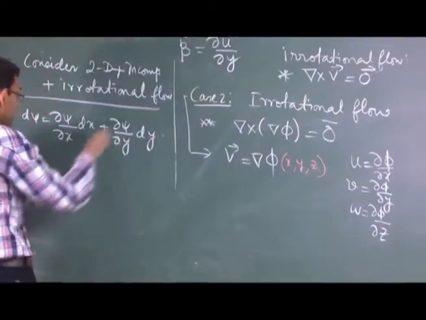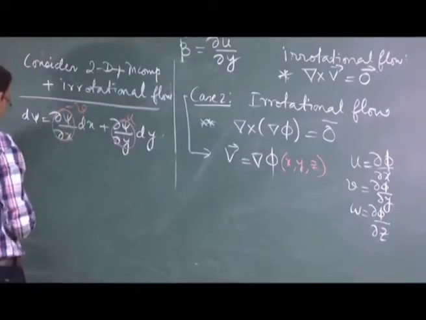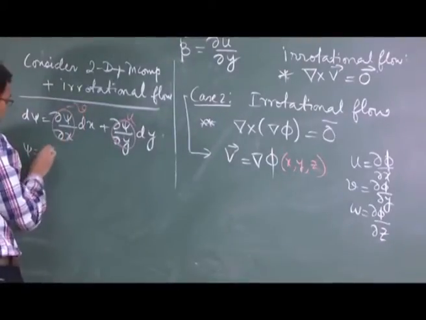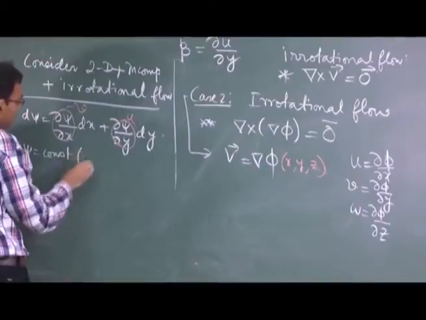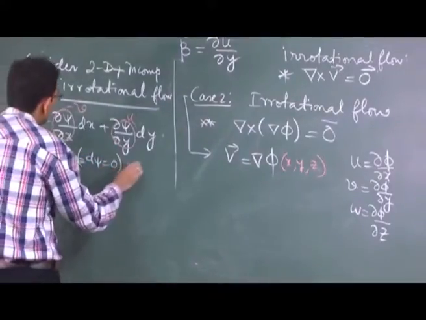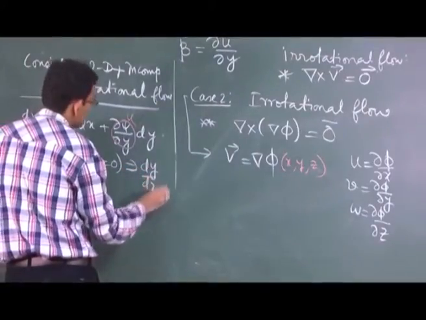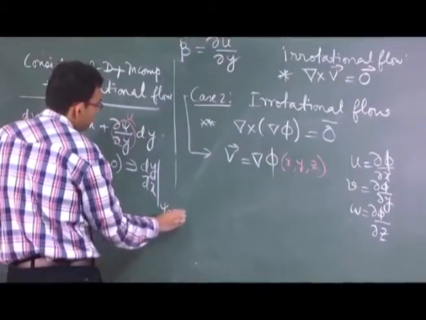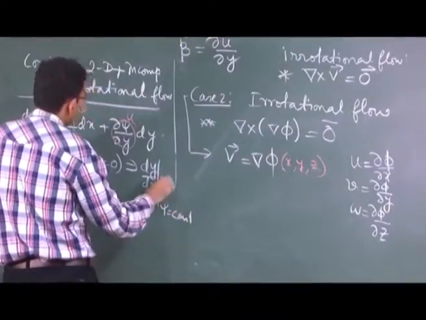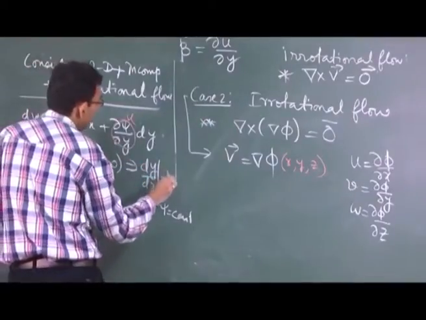So, this is u, this is minus v. So, psi equal to constant, or equivalently d psi equal to 0, will lead to dy dx for psi equal to constant. So, you just write dy dx is equal to v by u.